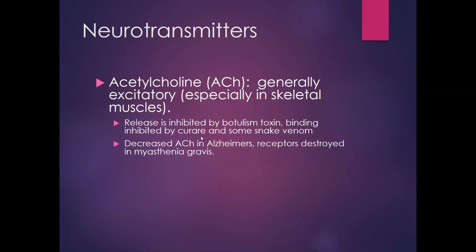Curare is a plant toxin that native peoples in tropical areas have collected and put on the end of their blow darts. When they go out hunting and blow the dart out and it gets into, say, a capybara or some other kind of animal that lives in the tropics and is going to run away, as soon as that curare gets into the bloodstream, it goes to the neuromuscular junction and prevents the acetylcholine from binding.